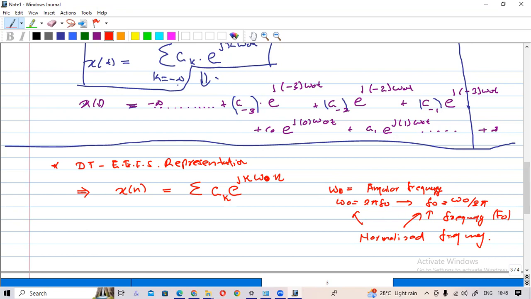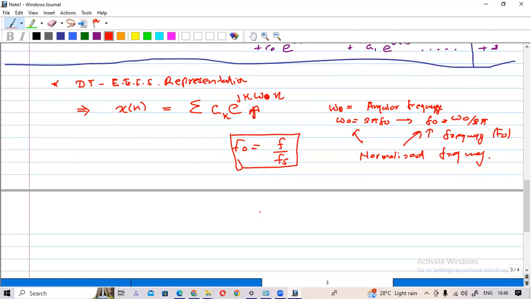What is normalized frequency? Normalized frequency is the continuous time signal frequency divided by the sampling frequency. So don't forget this, because sometimes we need to use this concept.